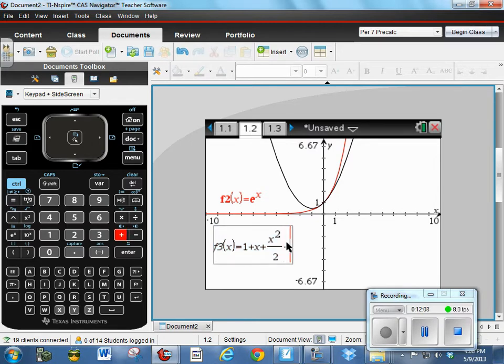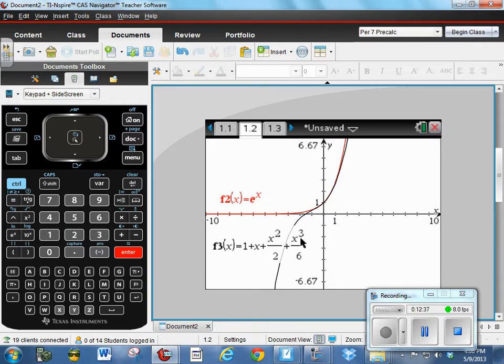The next one would be plus x to the third divided by 3 factorial, which is 6. Okay, so notice how much more closely the graph fits to e to the x. And so the more terms we add, the farther out I can get away from the origin and still have my approximation be close to what e to the x is.